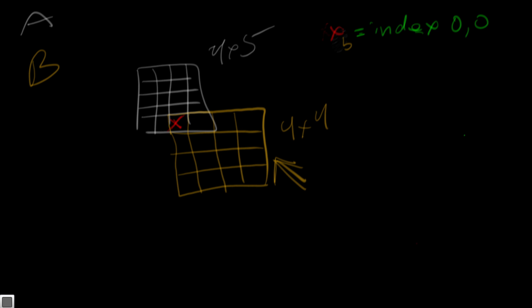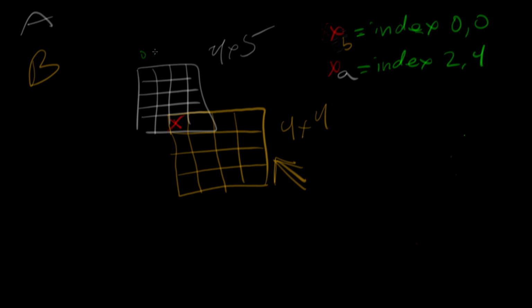All right, we need to convert X relative to A. So X relative to A is equal to 2, 4. So 2, 4. Index 2, 4, because everything starts at index 0.